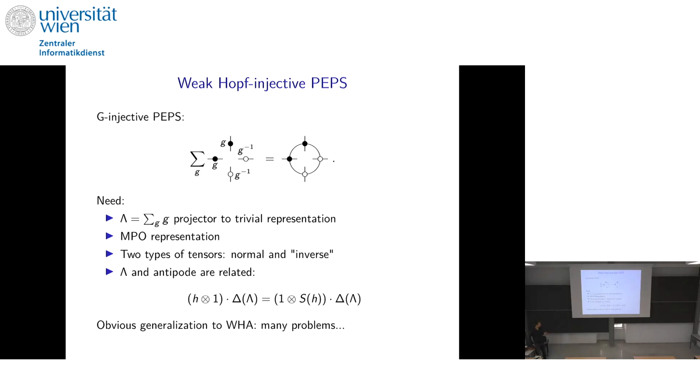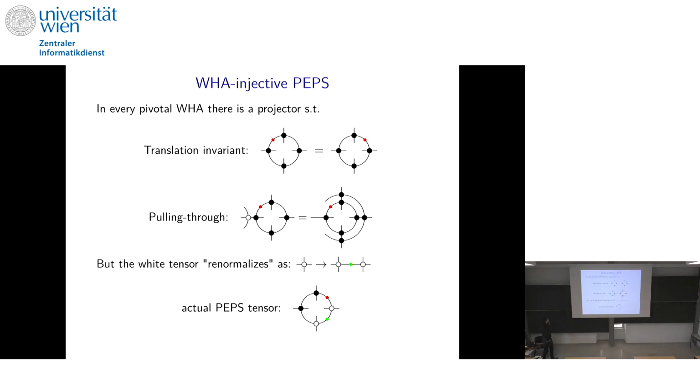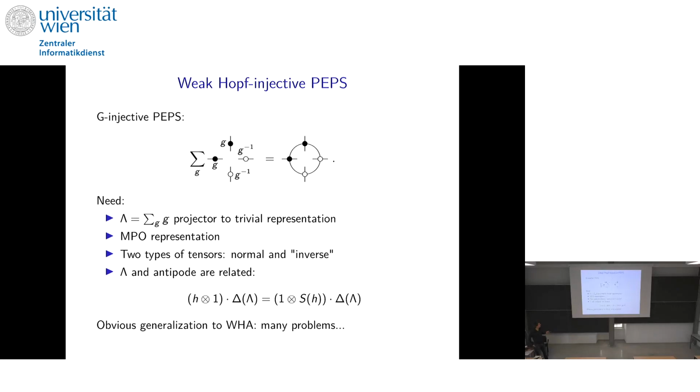So what happens is that one can prove that in every pivotal Hopf algebra, so it doesn't hold for every Hopf algebra, such that the dual of the Hopf algebra is semi-simple, there is a projector that is translation invariant. So there is this lambda, with the very nice property that its MPO representation is translation invariant.